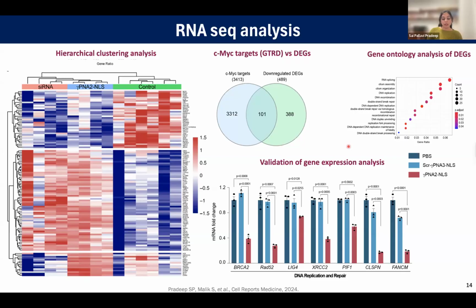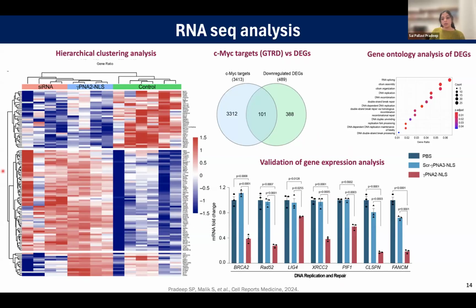We did a longer incubation of the PNA and compared it with the control, where we observed a total of 489 downregulated DEGs, out of which we validated a lot using RT-PCR, and a lot of the genes that were downregulated were involved in DNA replication as well as repair.